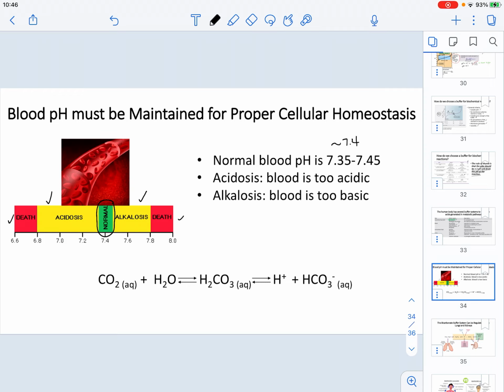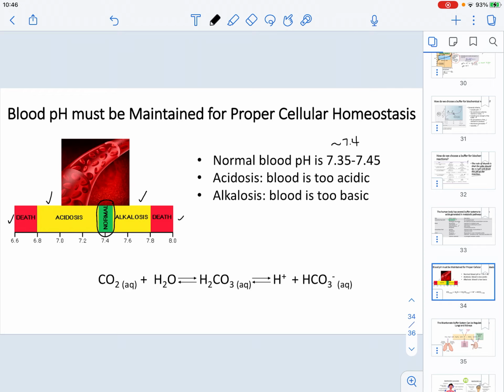Okay? So how do we regulate that pH? Well, in the bicarbonate system. So as you can see here in our bicarbonate system, what we have specifically is that it can be controlled by respiration.